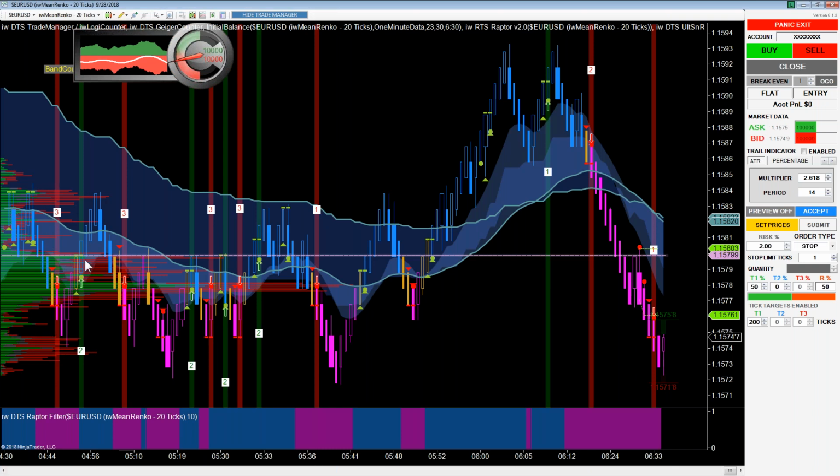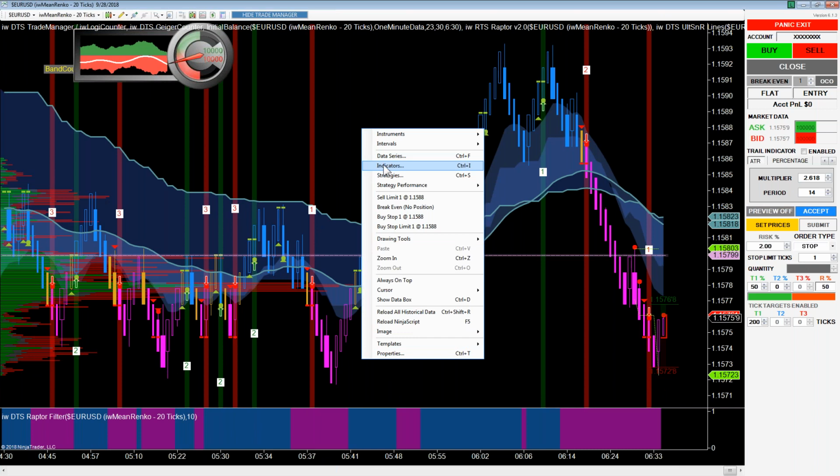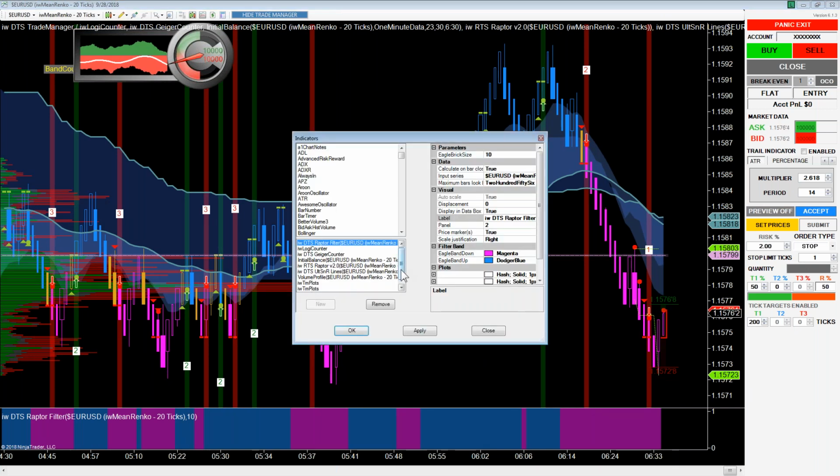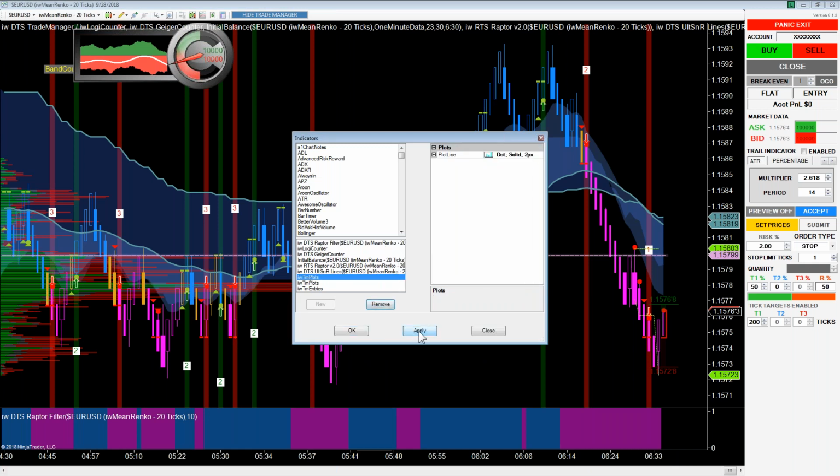So you can see I have a little bit of a volume chart on here. This is just standard. That's not part of the Raptor system. In fact, let me take that off so it's not confusing to you. I have built myself a little template for the Forex charts. There we go.